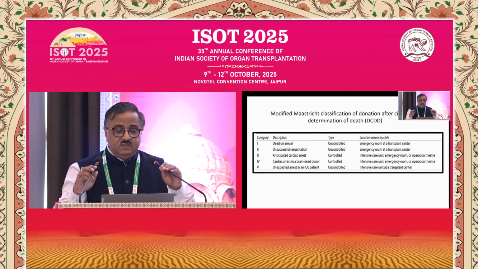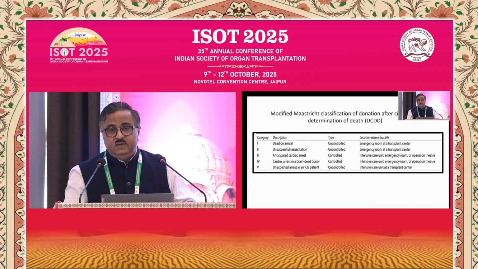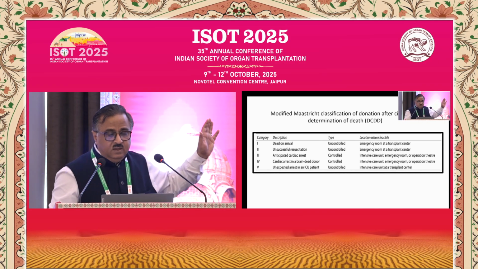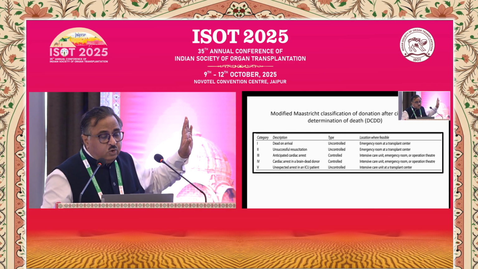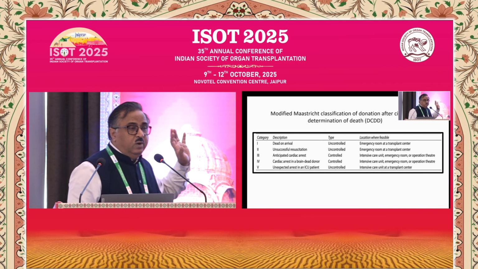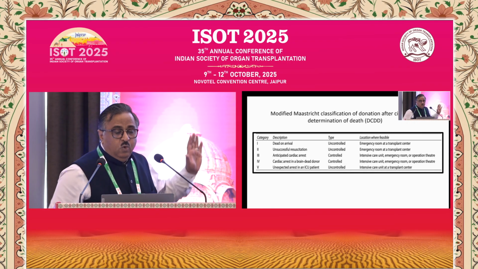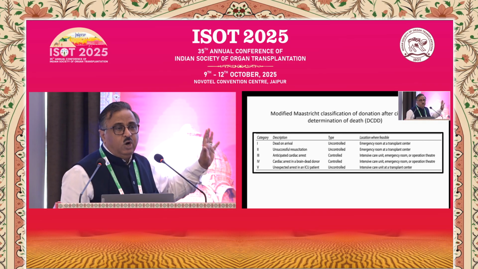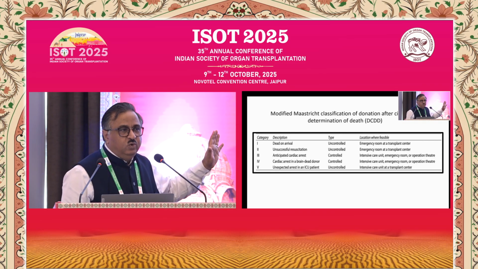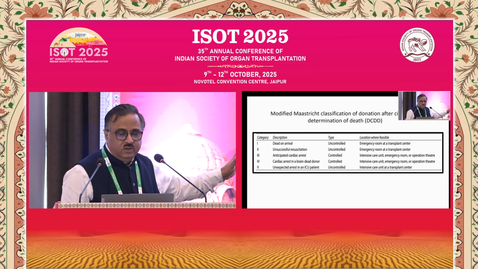So as I was telling, this Maastricht criteria, Maastricht classification, there are 5 categories of patients who actually come to emergency. One is brought dead, patients who have already come in a brought dead situation.